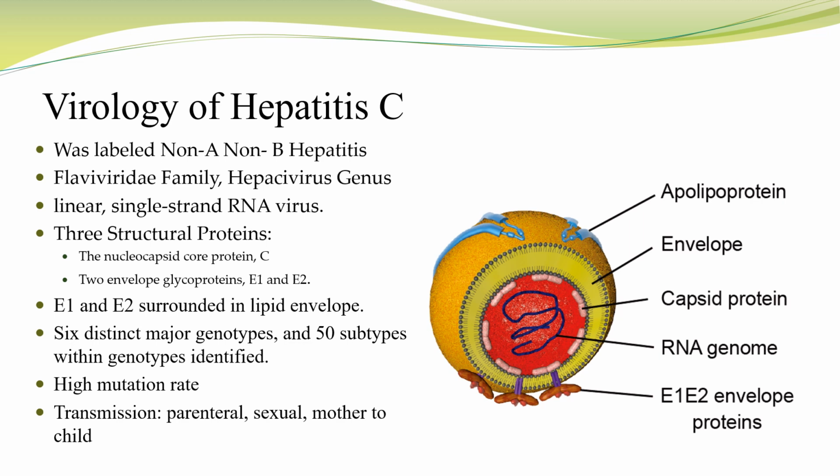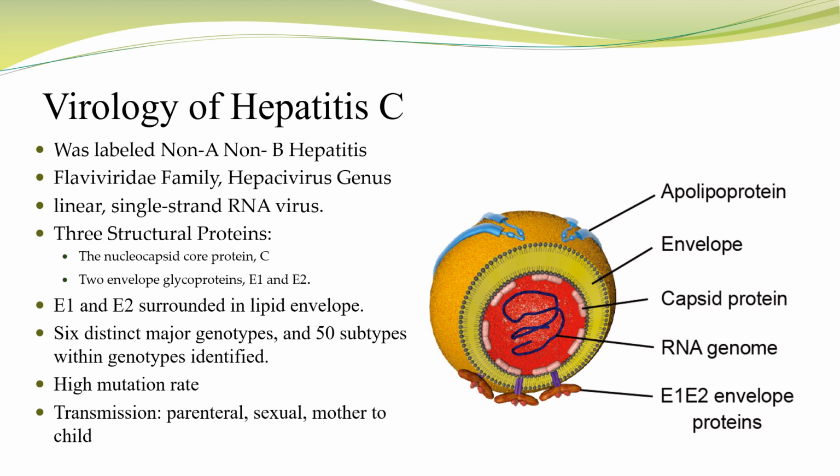As we see in the picture, there are three structural proteins, core protein C and also envelope glycoproteins E1 and E2, surrounded by a lipid envelope. The virus has a very high mutation rate, and as we see later, the treatment of the disease depends on the genotype of the virus.